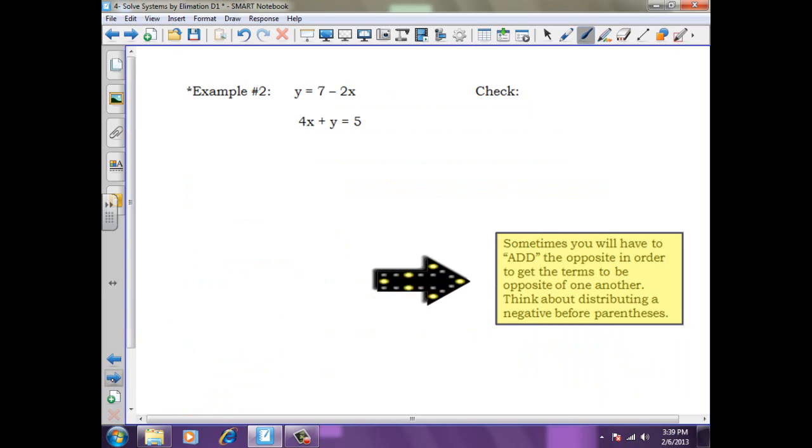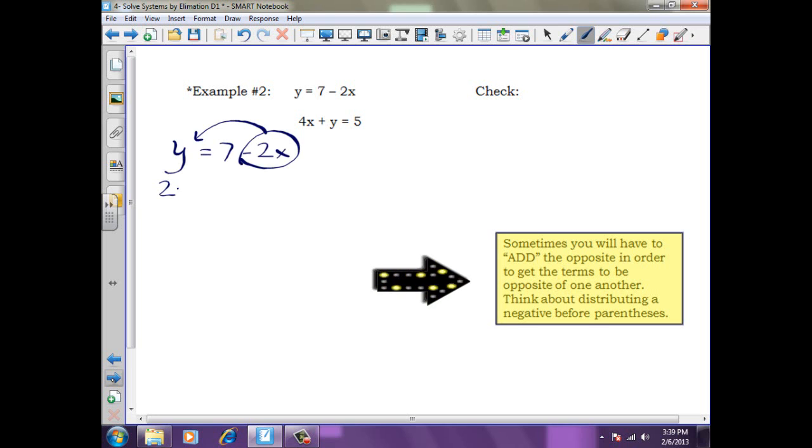Let's try another one. In our first equation, both variables are not on the same side, so I want to get them on the same side. I'm going to rewrite that equation over here so I can manipulate it. I'm taking my 2x and I want to bring it over with my y.